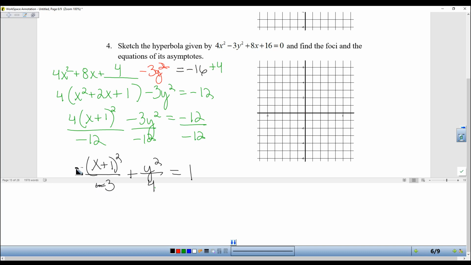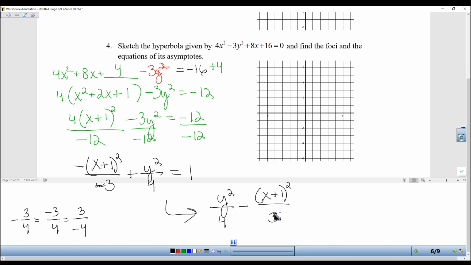So if I think of that negative as on top, which you can do, remember, negative 3/4 is the same as negative 3 over 4 is the same as 3 over negative 4. All three of these are the same. So I have a negative on bottom, I'm just going to move it to the top. And then not only that, but now I'm actually going to switch the order and put the negative second so that it looks like the format that I want for a hyperbola.